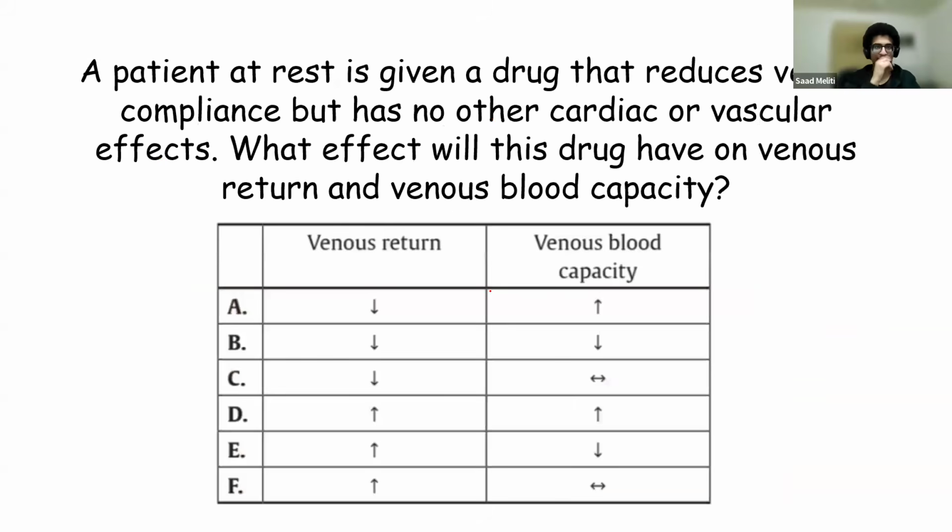We made it. Okay. A patient at rest is given a drug that reduces venous compliance but has no other cardiac or vascular effects. What effect will this drug have on venous return and venous blood capacity? Venous return is increasing, venous blood capacity decreases.